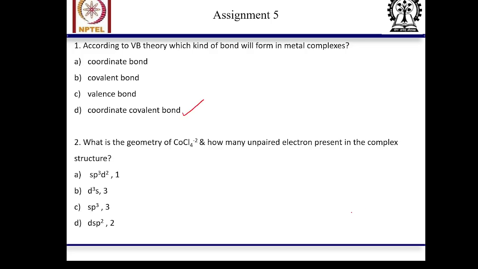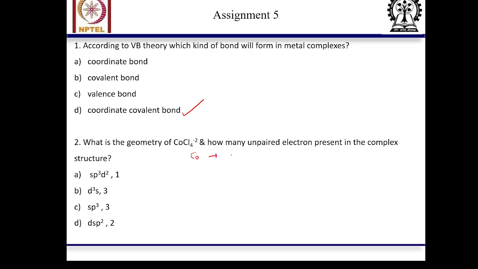Go to the question. What is the geometry of CoCl4 2 minus, and how many unpaired electrons are present in the complex? So how will we solve it? First we will write cobalt.